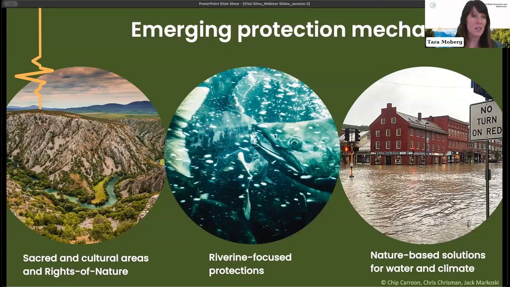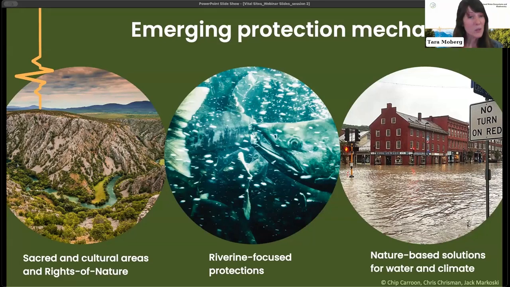These designations include protections specifically for flow and connectivity, as well as a defined floodplain that is included within the area that's designated, and the width of that floodplain protection depends on the type of designation, whether it's a wild river, a scenic river, or a recreational river. We'll also hear about some other river protections a little bit later today, including a really innovative one from Argentina, which I'm so excited about.